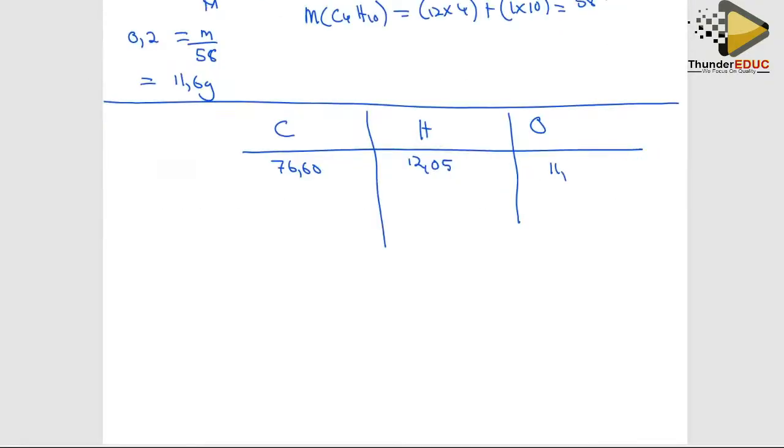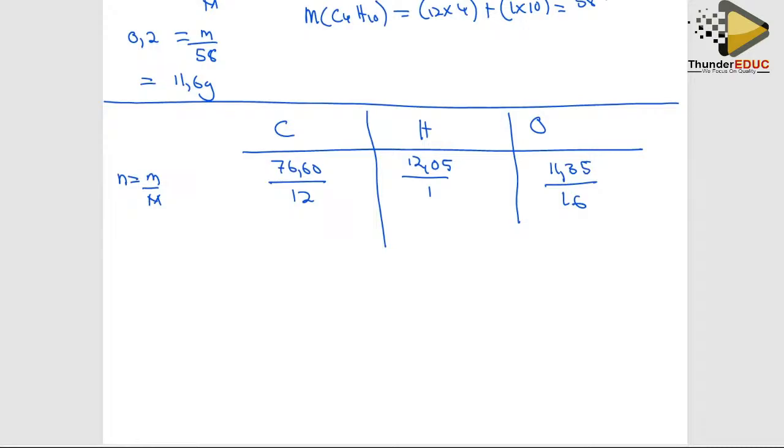So 11,35, right? Now we're supposed to use these percentages to calculate our number of moles, right? Remember, by formula, n is equivalent to m all over M, right? So I'm going to divide by the relative atomic mass of carbon, which is 12, then for hydrogen it is 1, then for oxygen it is 16, right? So if I divide there, what value am I going to get?